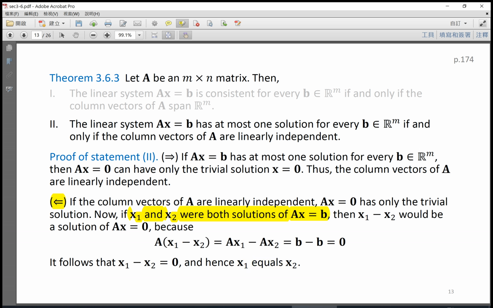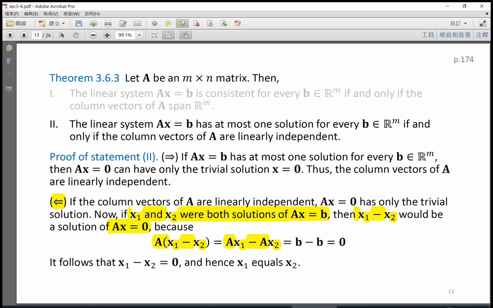To see this, we verify that x1 minus x2 must be a solution to the homogeneous equation Ax equals 0, because if we multiply matrix A with x1 minus x2, then we have Ax1 minus Ax2, where Ax1 is b, because x1 is a solution of the linear equation, and x2 is also a solution to the linear equation.